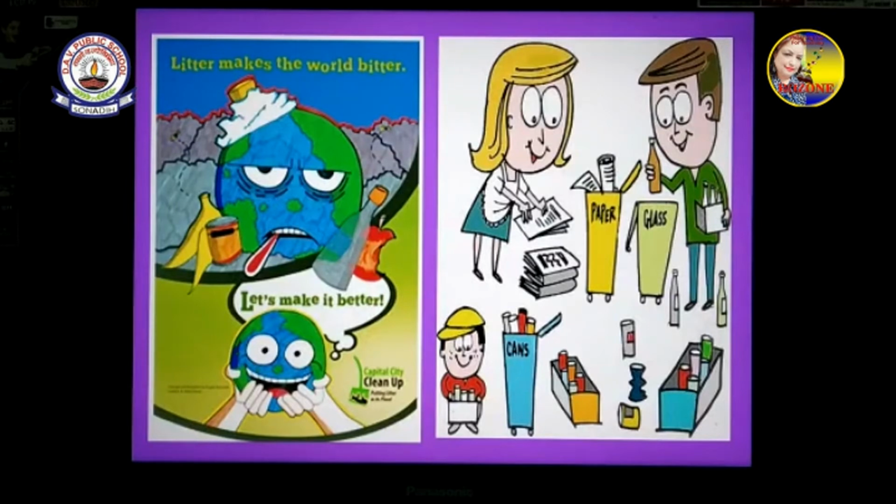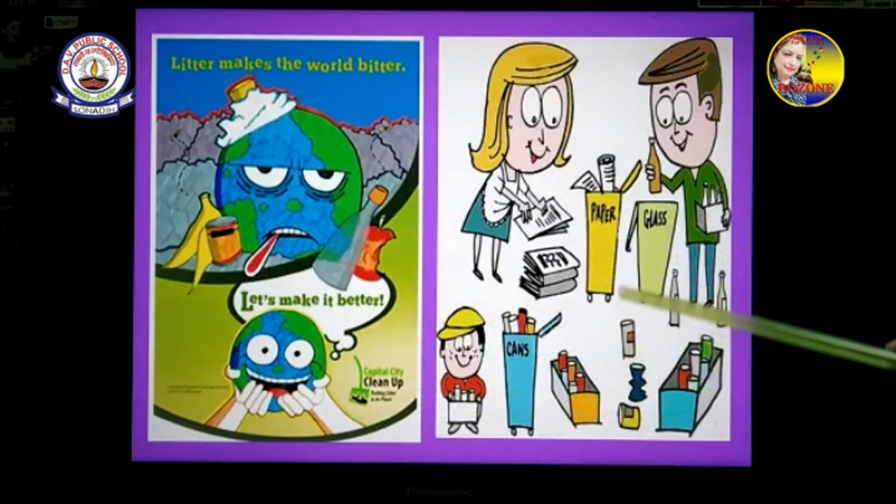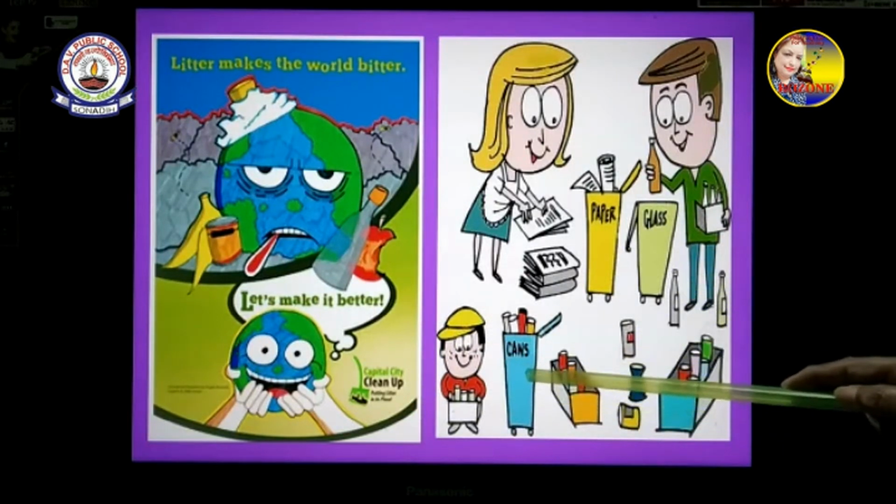So we want to smile, we want a good life, a happy life. So that's why let's make it better by recycling. You see, different bins are there to throw paper, to throw glass, to throw cans. All such things we can do in order to not waste time collecting all this garbage. Followed?